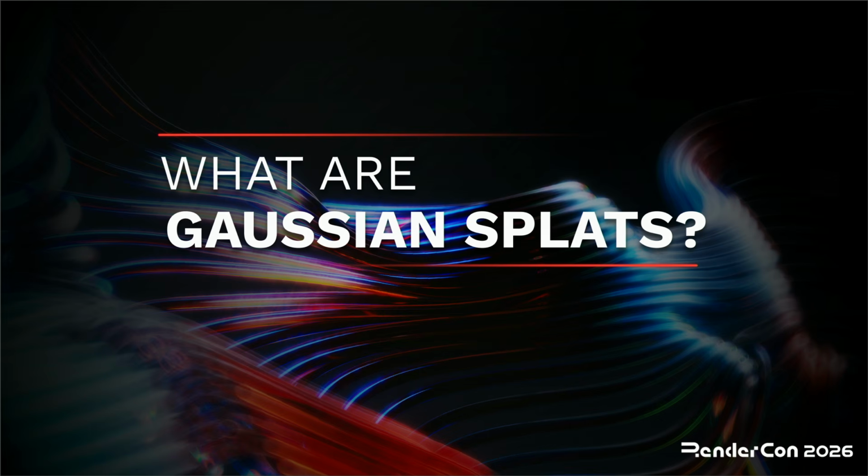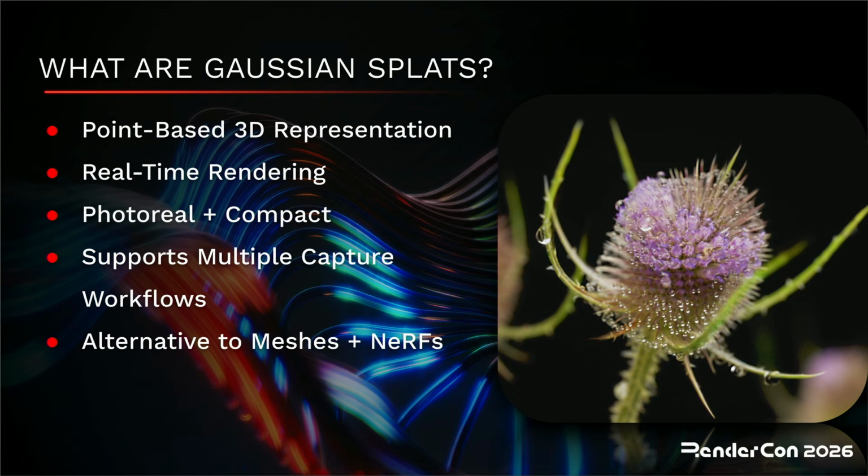So what are splats? They're point-based 3D representations, and that's really interesting because they're not geometry. They're just millions or hundreds of thousands or tens of little splats, little orbs, and they come together and make a 3D volumetric representation. They're real-time rendering, so they're very fast.